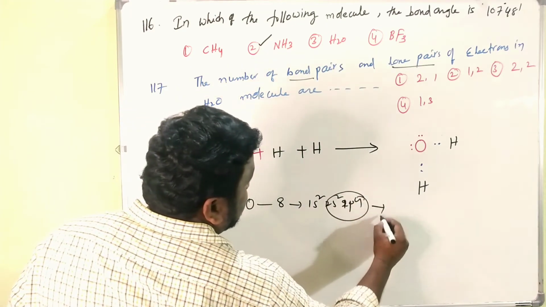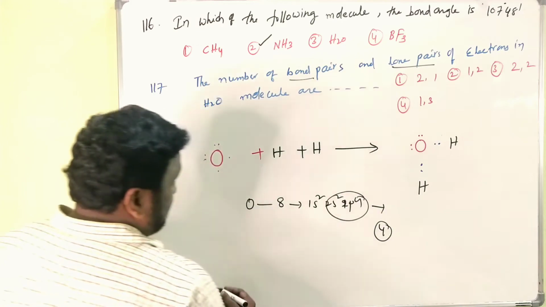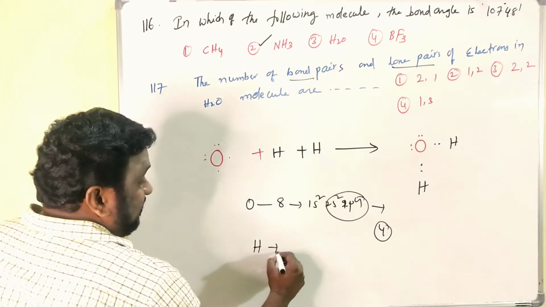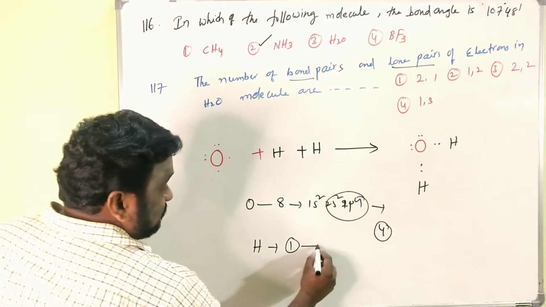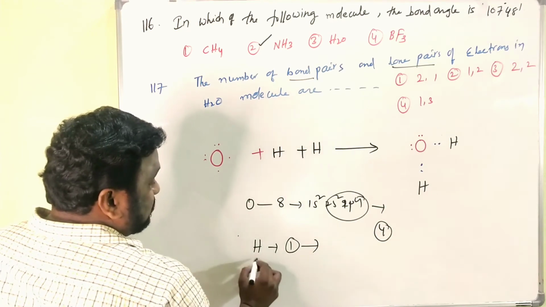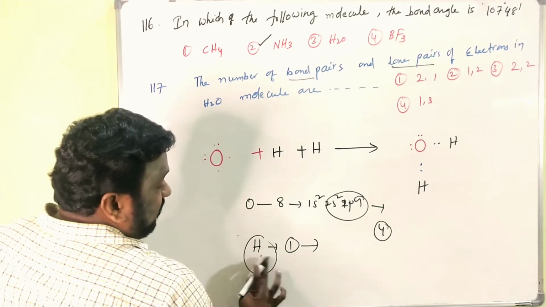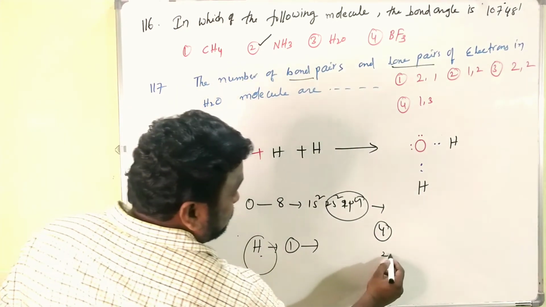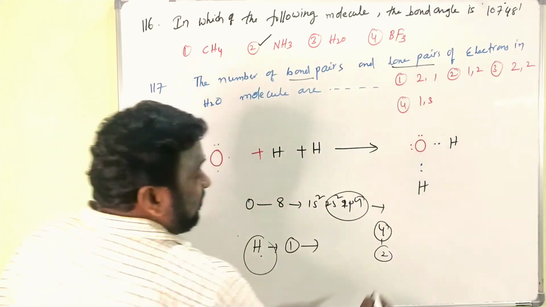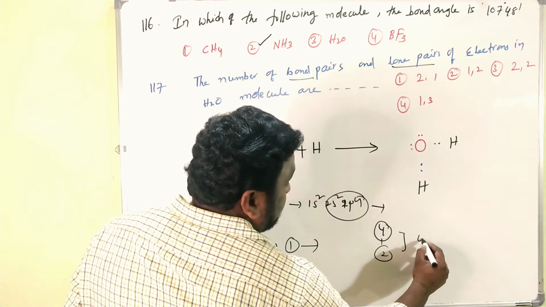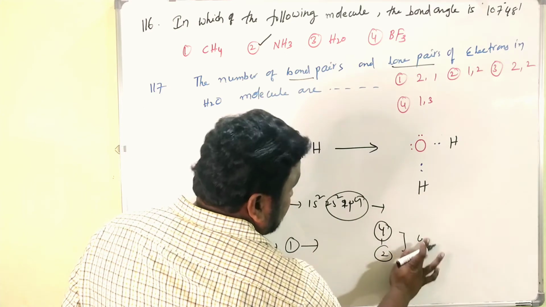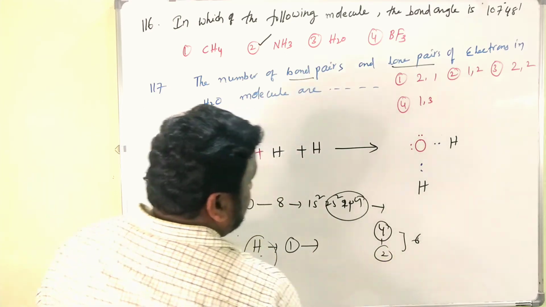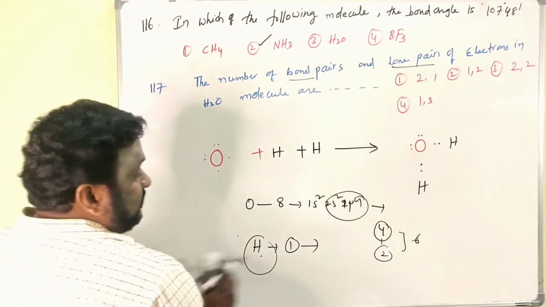How many valence electrons are there? 6 valence electrons. For one hydrogen, 1 valence electron, so for two hydrogens, 2. Oh, see once again here.